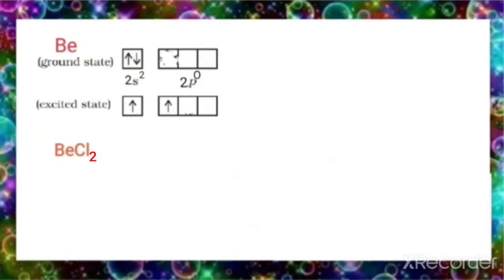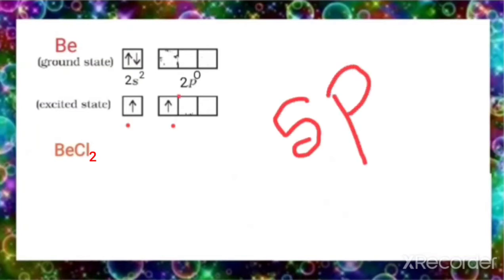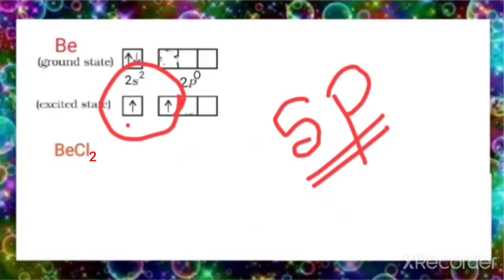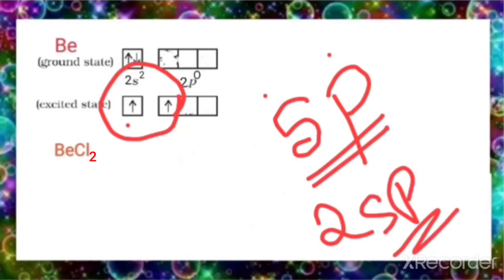But before the sharing, these orbitals, that is one s orbital and one p orbital, get hybridized. This hybridization is called sp hybridization. One s and one p get hybridized, resulting in the formation of 2 sp hybrid orbitals.